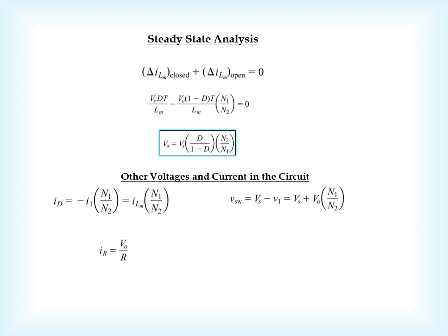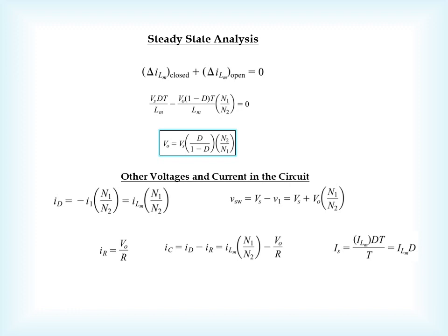IR is the resistor current, which is nothing but V0 upon R. IC is equal to ID minus IR. So we can write down the value of IC also.